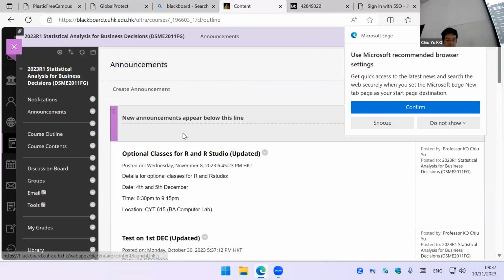So some announcements first. I just finalized the date for the venue for our optional and our studio class. It would be the fourth and fifth. Since I have more hours to do, the two classes will not be identical, so you probably have to attend both in sequence.